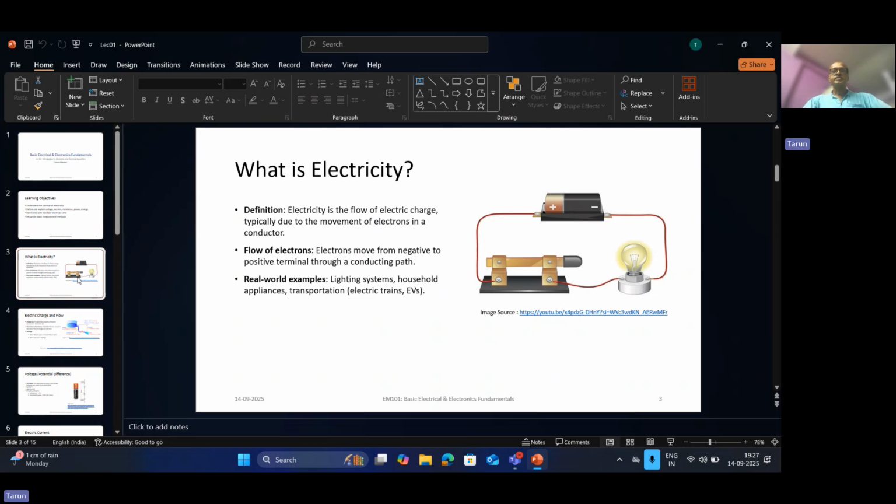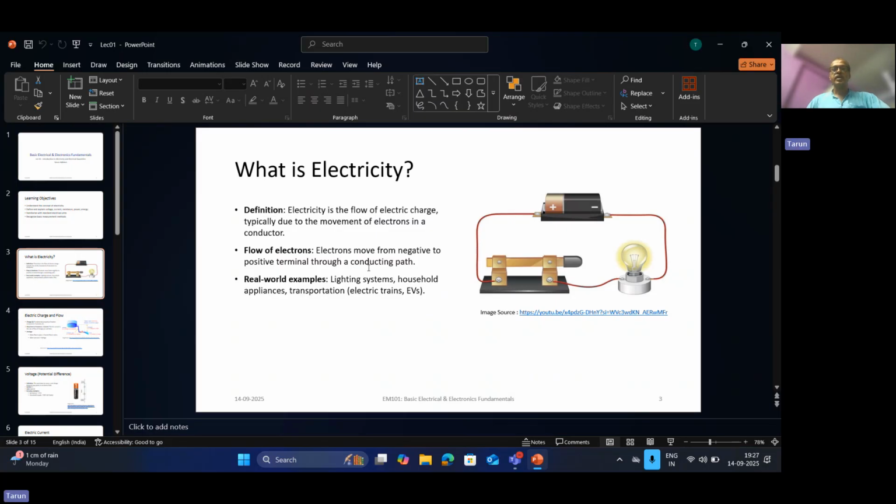Now, what is electricity? Electricity is the flow of electric charge, typically due to the movement of electrons in a conductor. Electrons move from the negative to the positive terminal through a conducting path.